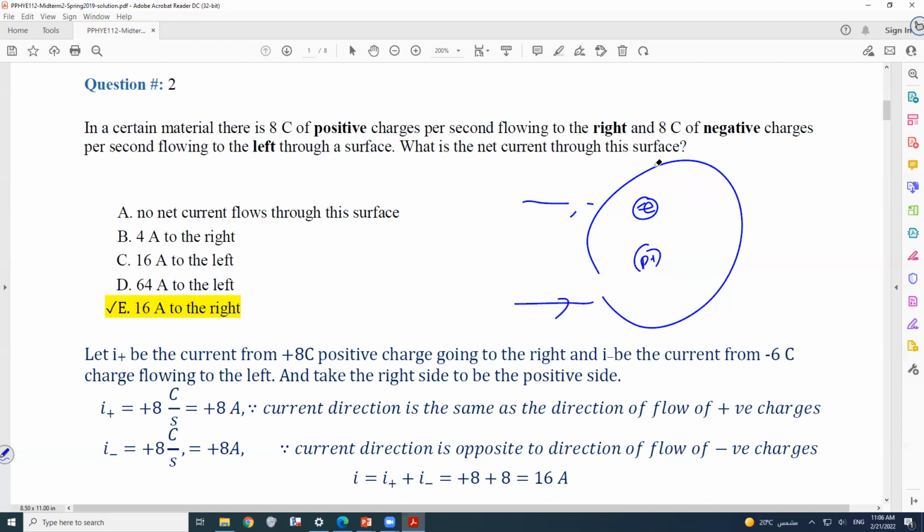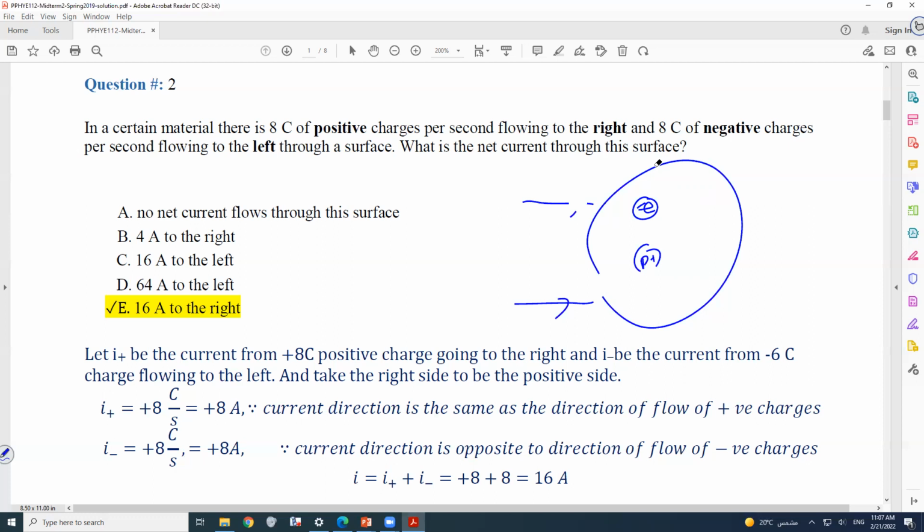In a copper wire, what is flowing is electrons, negative charge. But in an electrolytic solution, we can have positive ions flowing and negative ions also flowing. So this is why we need a direction convention to define the direction of the current.